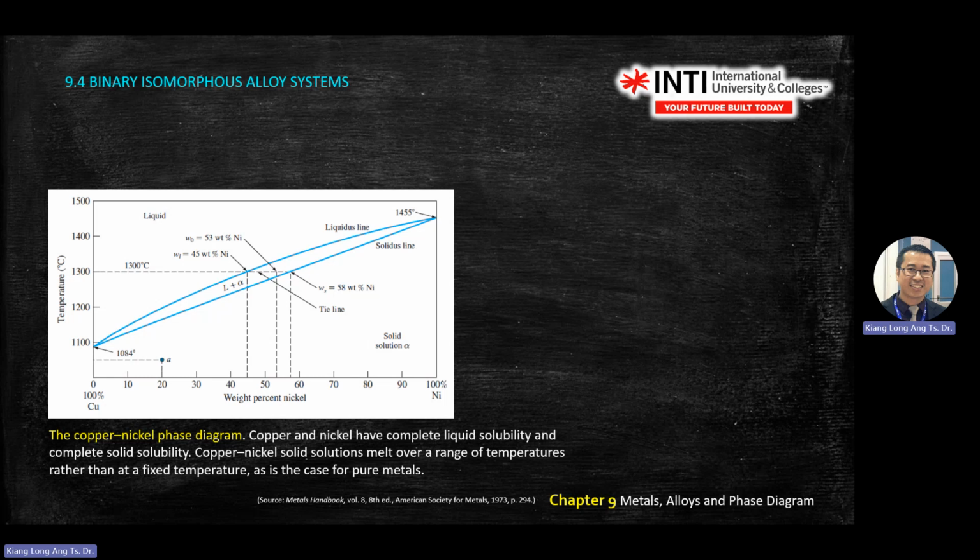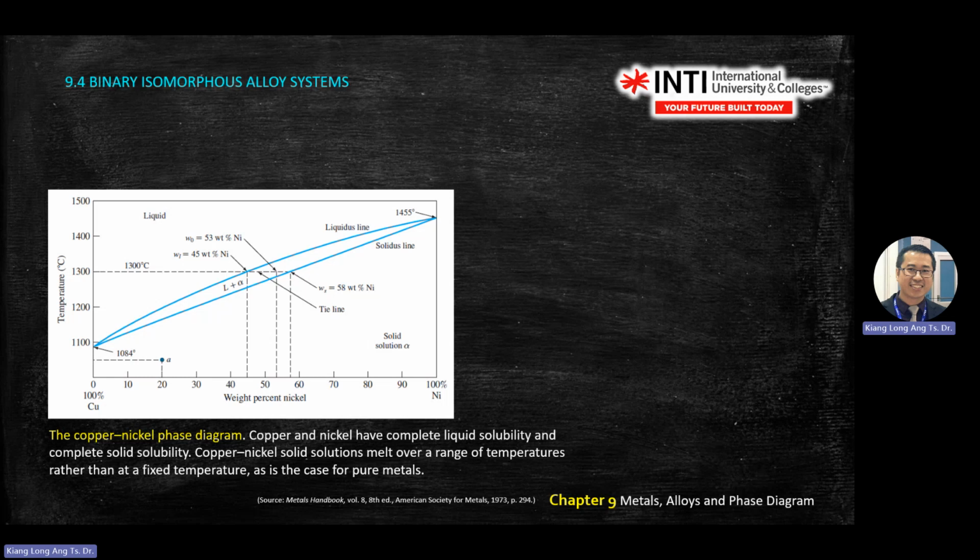How do you write if you're answering? Let's say this one is 20%, and I put nickel. So this point here is 20% nickel, 80% copper.